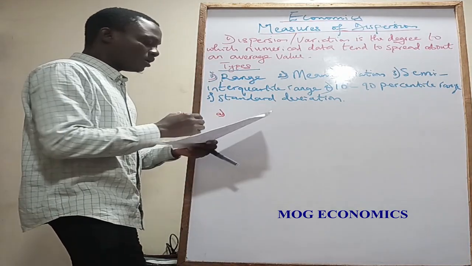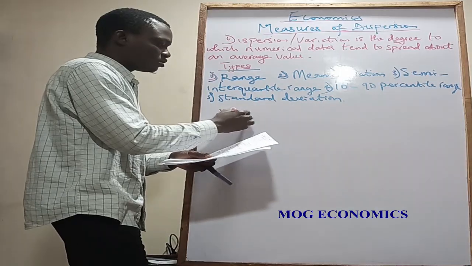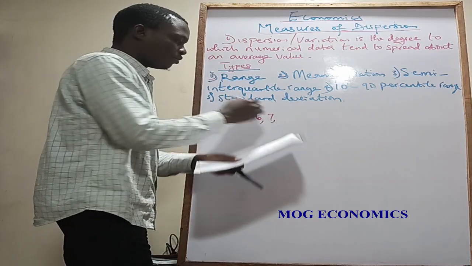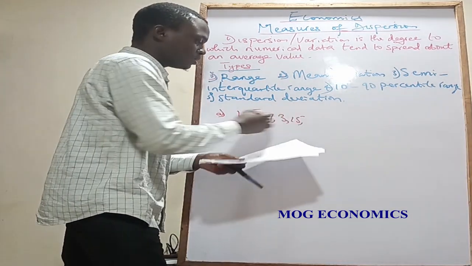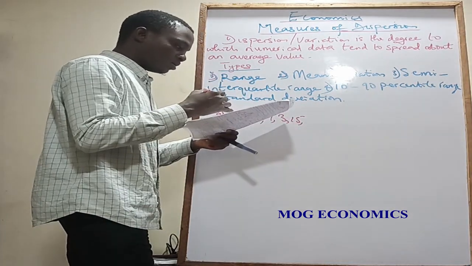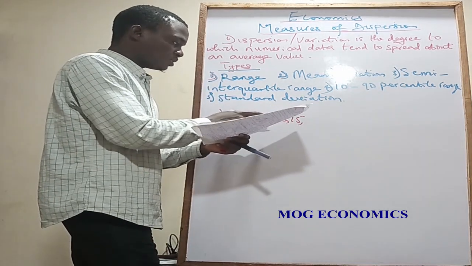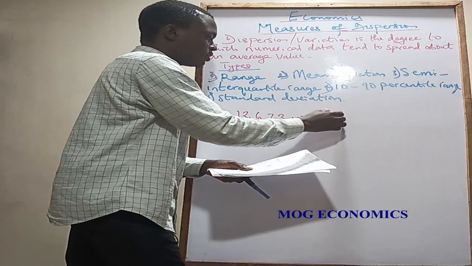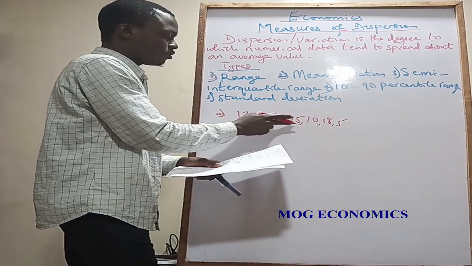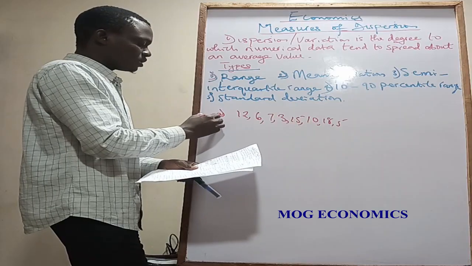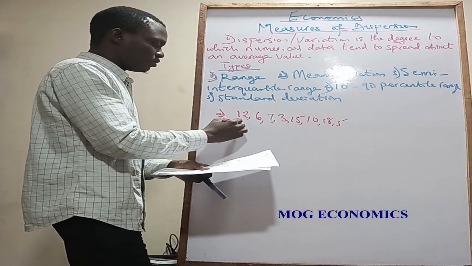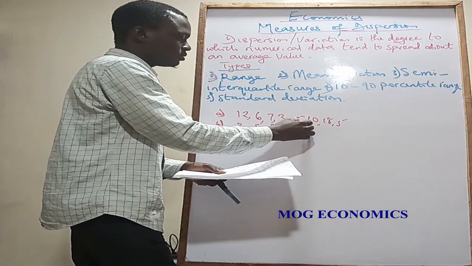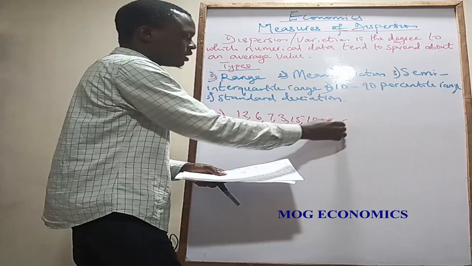For group A, some people made $12, some made $6, $7, $3, $15, $10, $18, and then $5. That is eight values. Now you have a second group, group B: 3, 8, 8, 8, 9, 9, 9, and then 18.